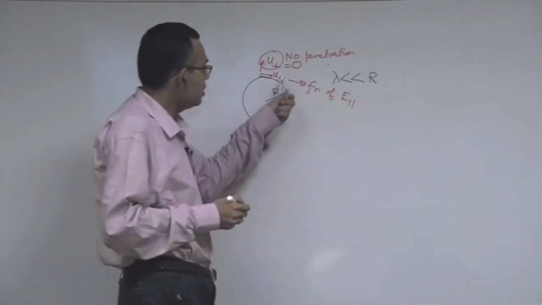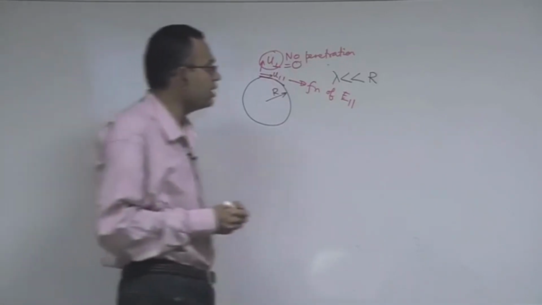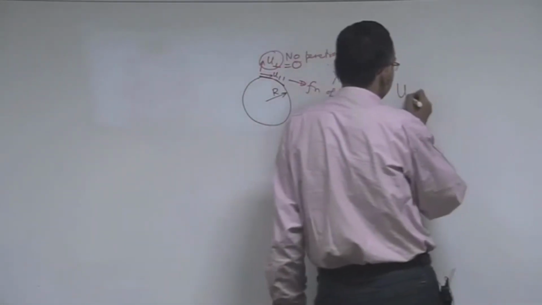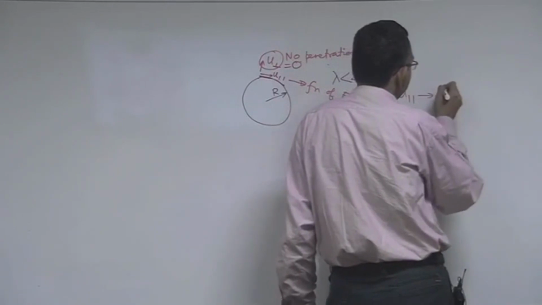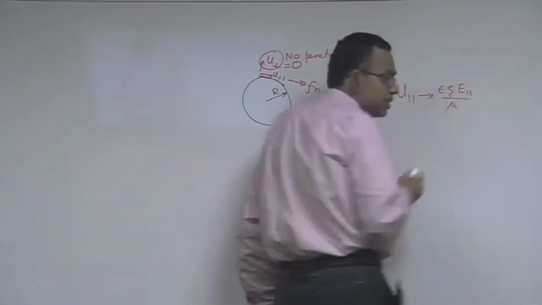You can write u parallel as epsilon zeta E parallel by mu, because it is like a flat plate.